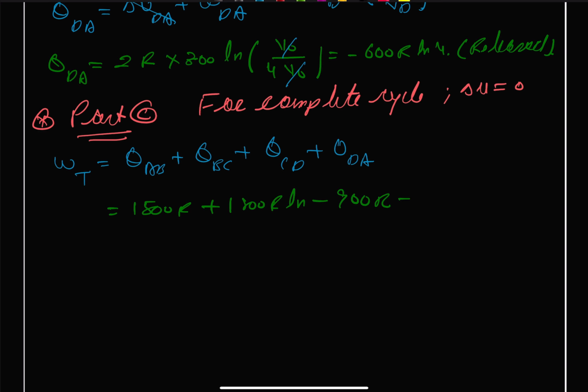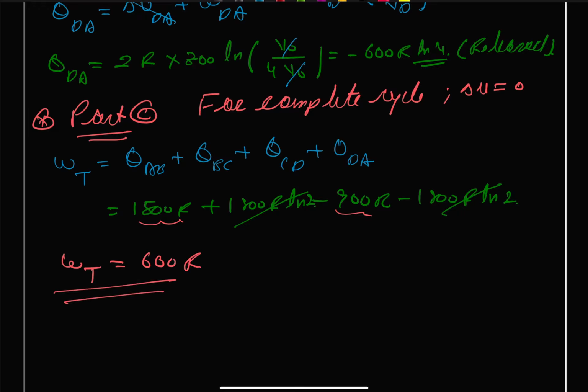We can write this in the natural log of 2, this will also be coming as 1200 R natural log of 2. Okay. And these two terms cancel out, so we get the total work done will be equal to 1500 R minus 900 R, giving us 600 R. So this is the total work done.